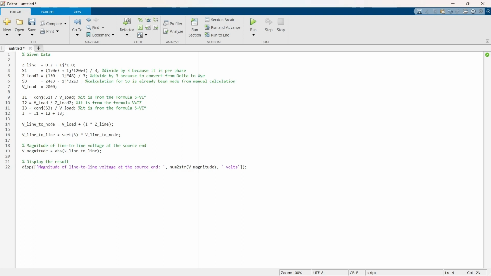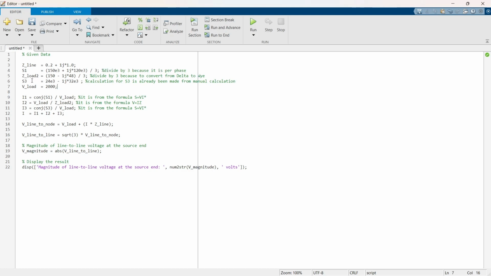Then the impedance for load 2 is 150 minus j48. I forgot to mention why we divide this by 3: the S is the total for the system, and we divide it by 3 because we want it per phase.